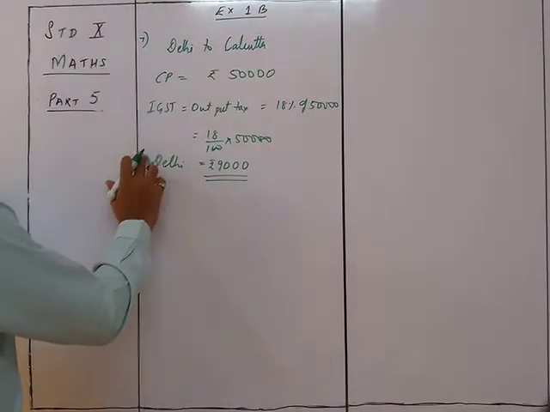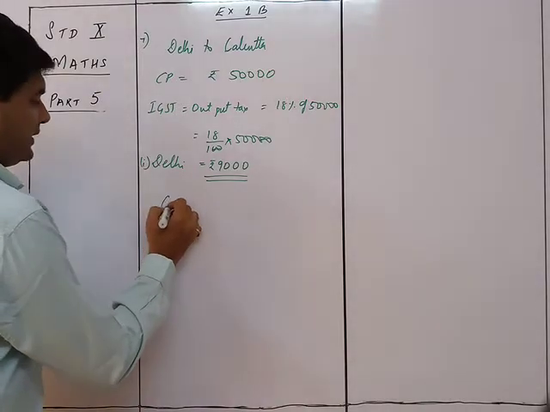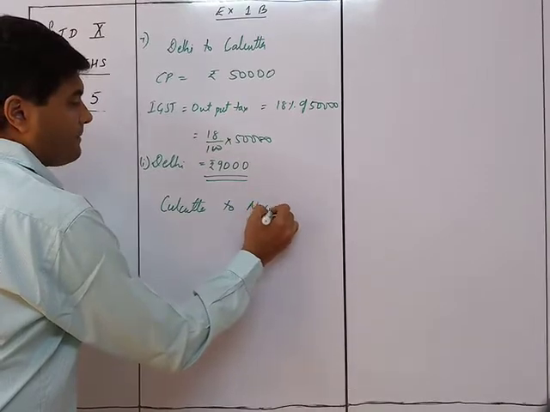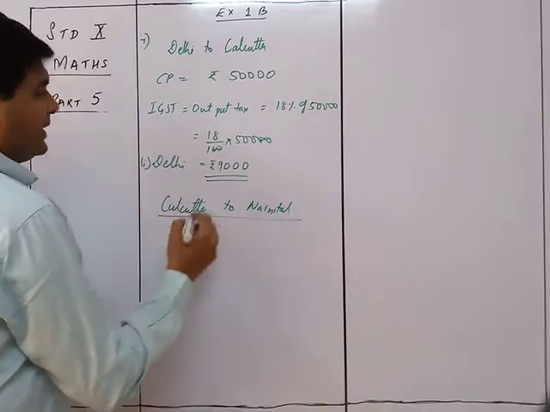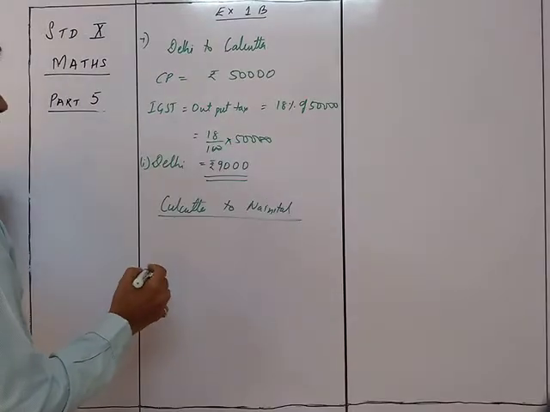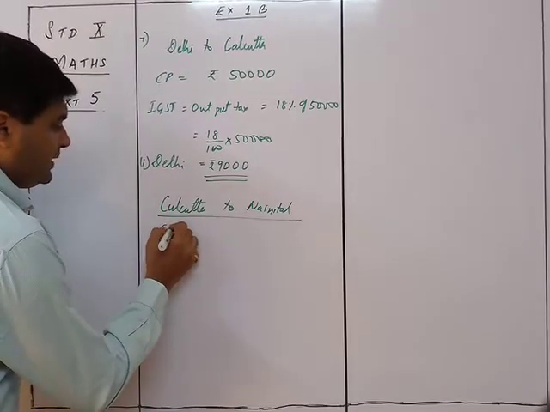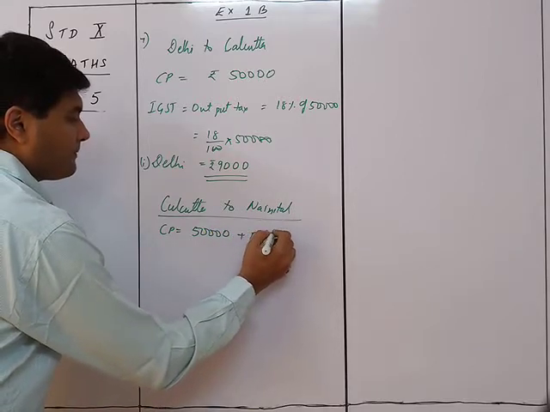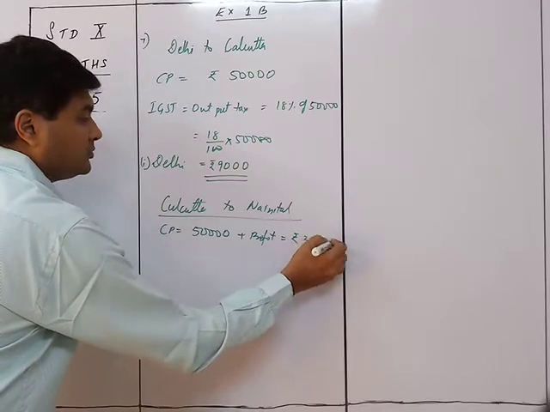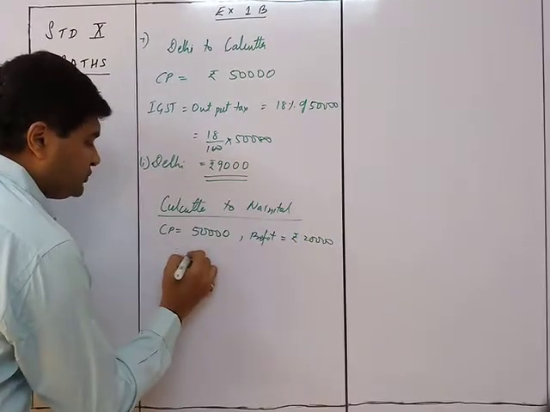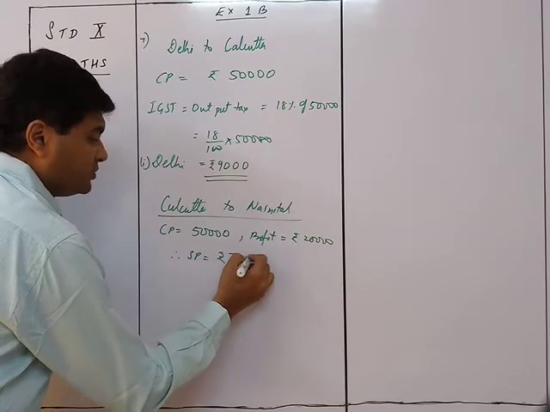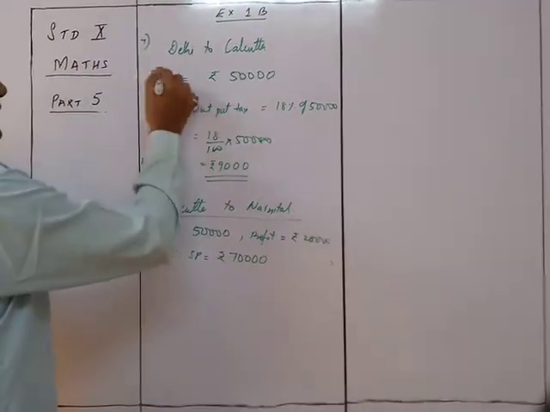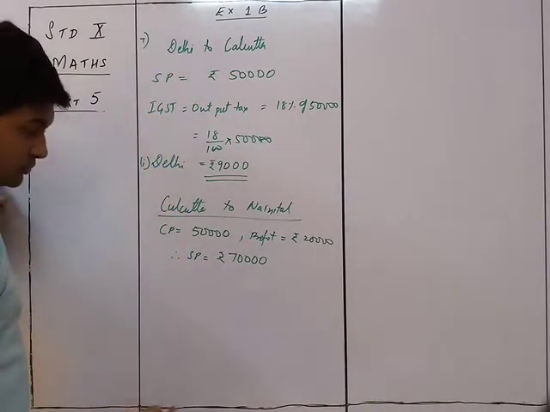Second is Calcutta. Now Calcutta to Nainital. For Nainital, first of all, CP is equal to 50,000 plus profit is equal to rupees 20,000. Therefore, SP is equal to rupees 70,000. This was CP, this was SP for Delhi.